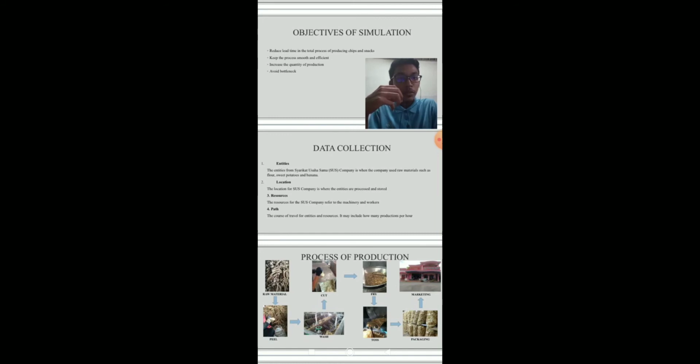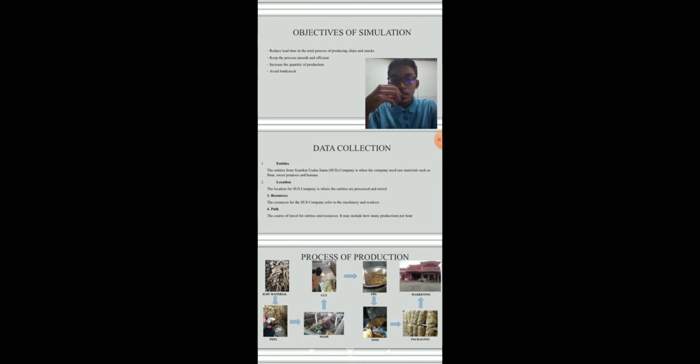For example, the condition of the raw material must be fresh and not perishable. So in the entities, the company may have special characteristics for the condition, size, and speed.